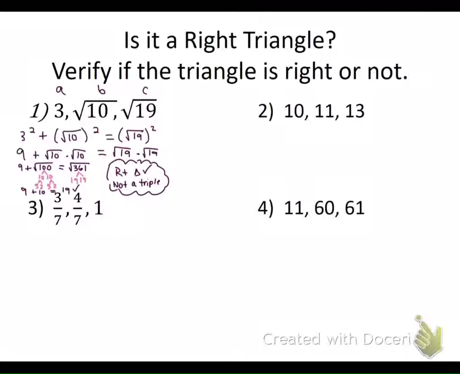All right, let's do number 3, and then we're going to skip on to the next one. I think you guys can pretty much do this. So this is A, B, C. So we have 3/7 squared plus 4/7 squared equals 1 squared.